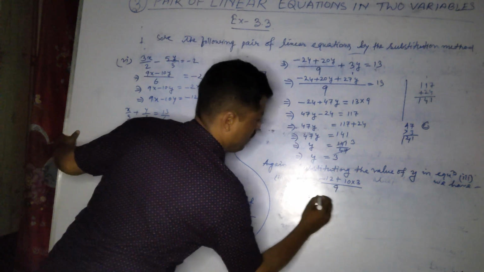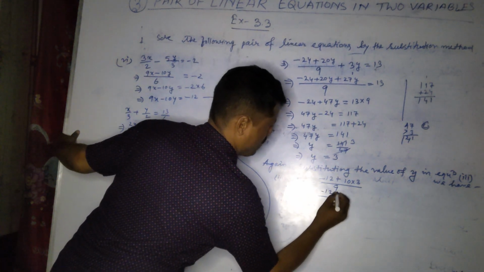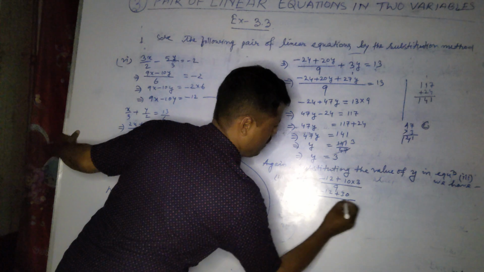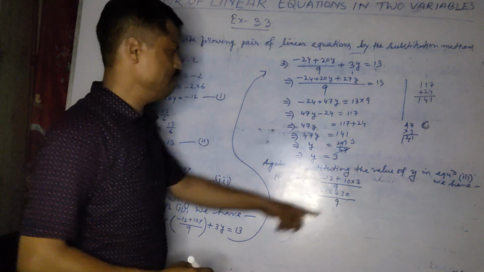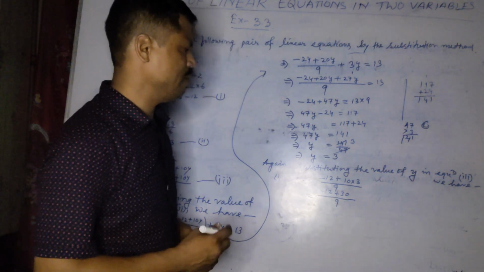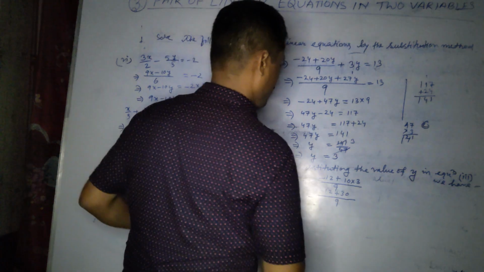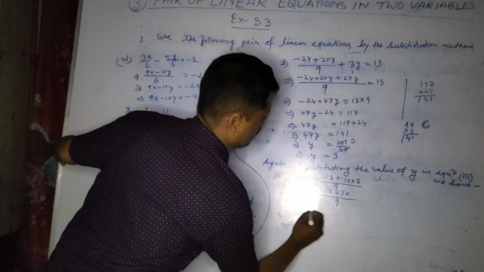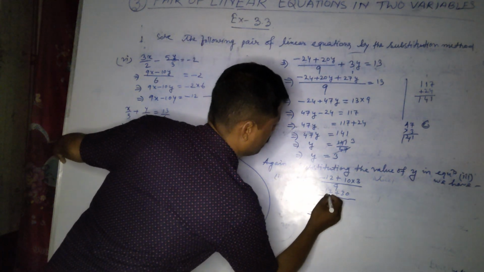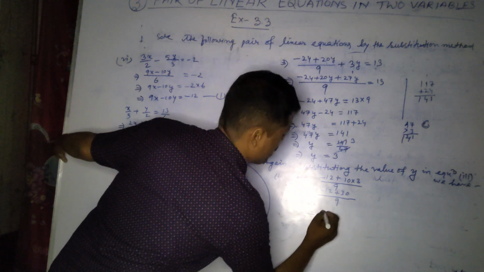Yes. Now minus 12 plus 30 divided by 9. Then 30 minus 12, what will we get here? 18.